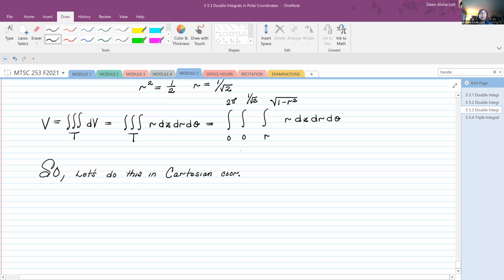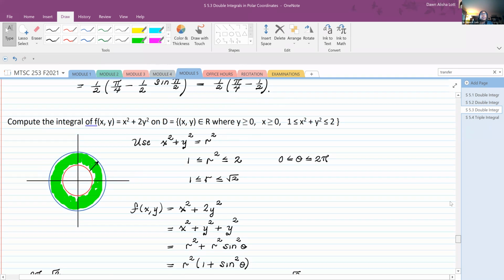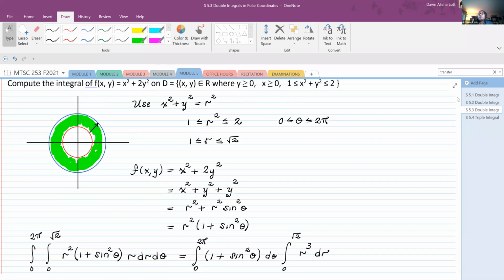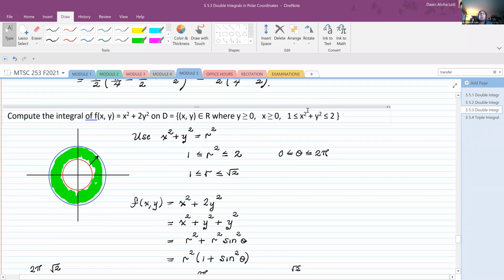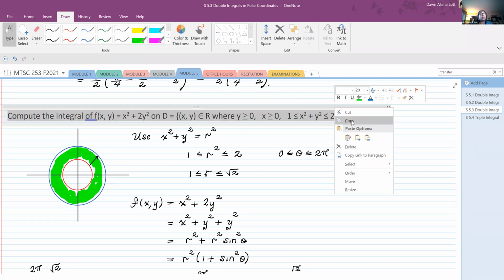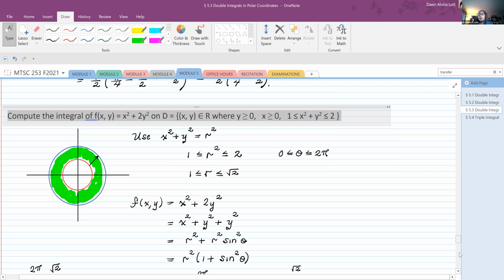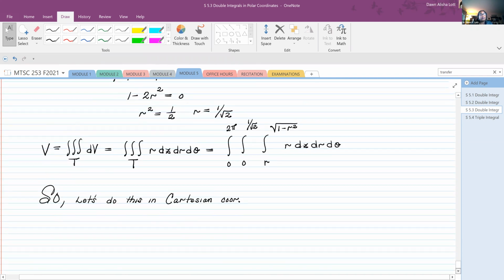Okay, so let's go back and do the same problem in Cartesian coordinates.